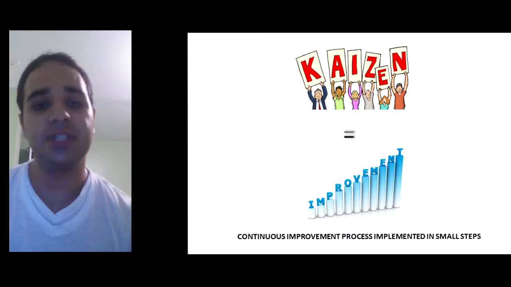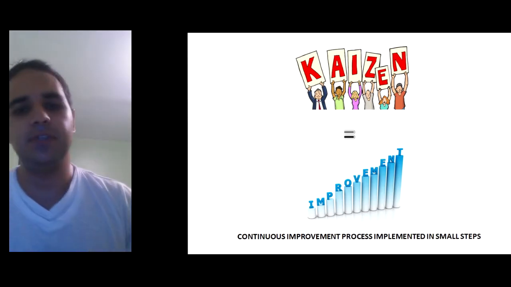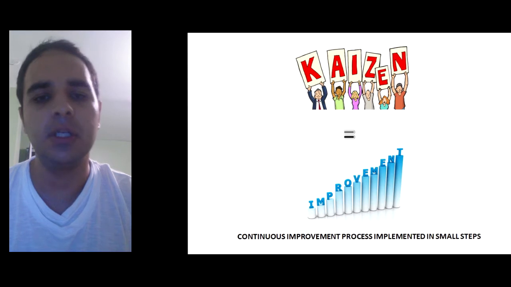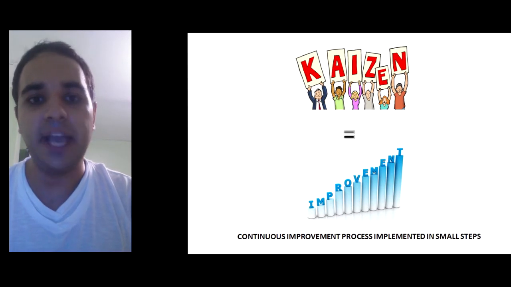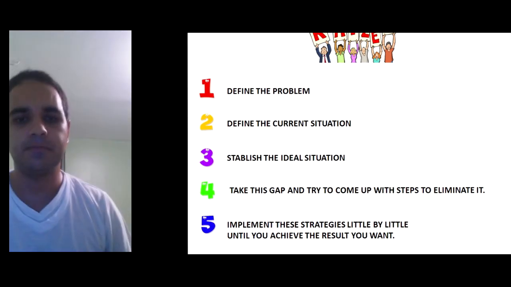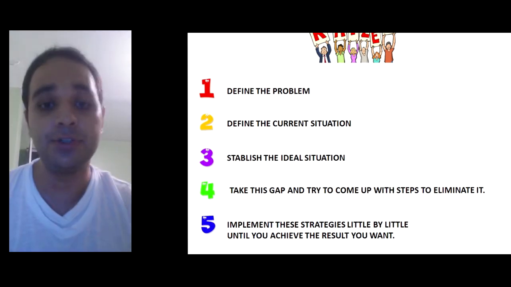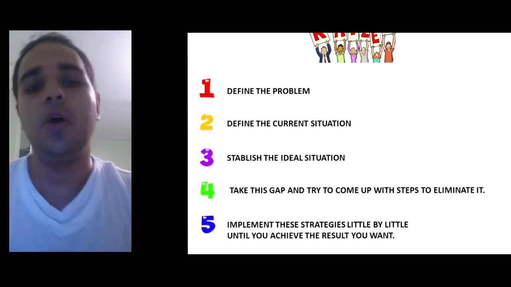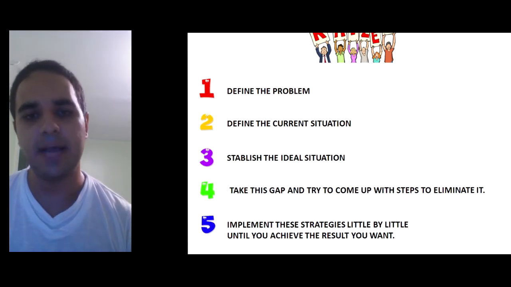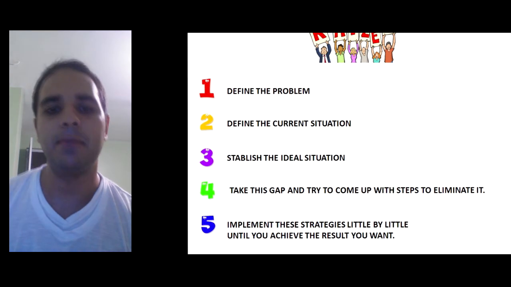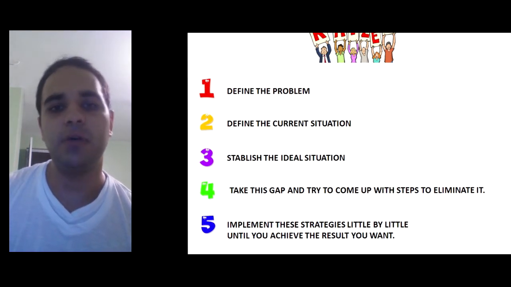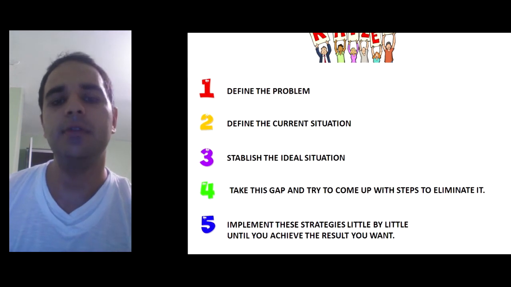So I've come up with some steps to help you implement Kaizen in any situation that you may face or in any problem that you may have in the company or in your life. First of all, I'm going to say the steps, and after that I'm going to apply those steps to a real example, right?